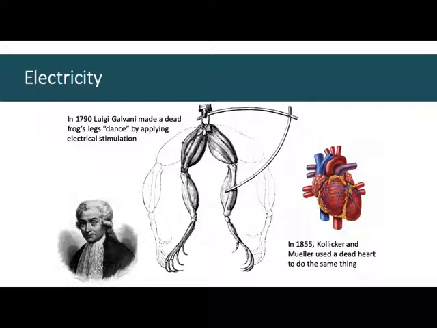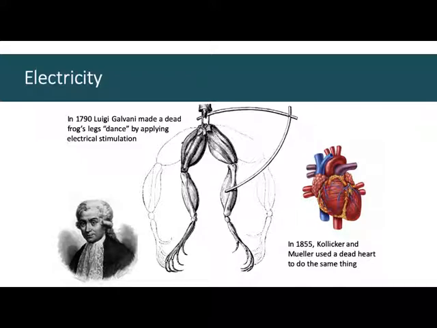And it was in the mid-1800s that two physicians would take this work and use it to apply and make the same kind of thing happen in the heart. So just gradual experimentation, looking to see what tissues are excitable and how that excitability might confer differences in function. So at this stage, everyone is just poking and prodding and seeing what happens. They don't really have a firm understanding of why an electrical current might make muscle twitch.